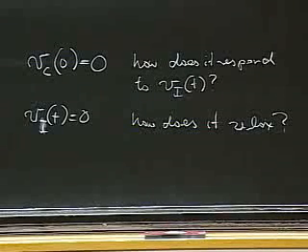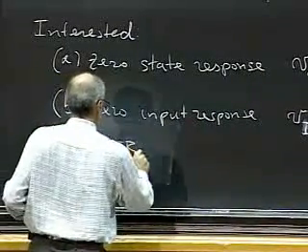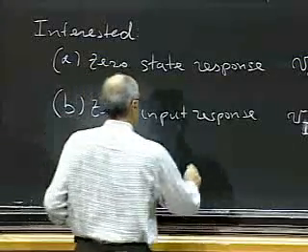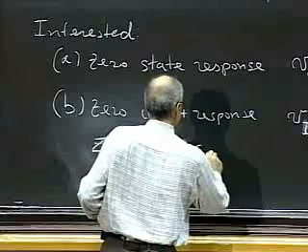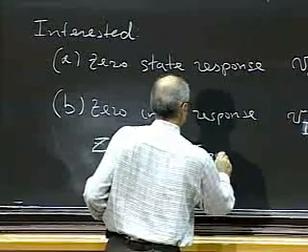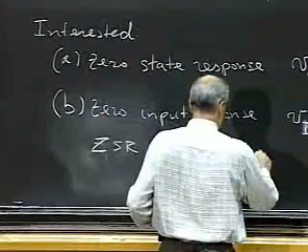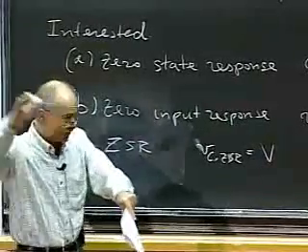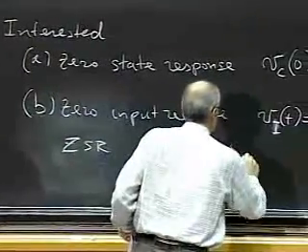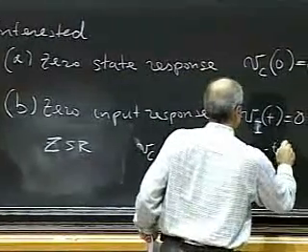Now the zero state response, the so-called ZSR for our case, which I will write like this, V sub C ZSR, is simply a rising exponential. We start from 0, okay, and we go to Vi. So it's Vi minus Vi e to the minus t over RC.